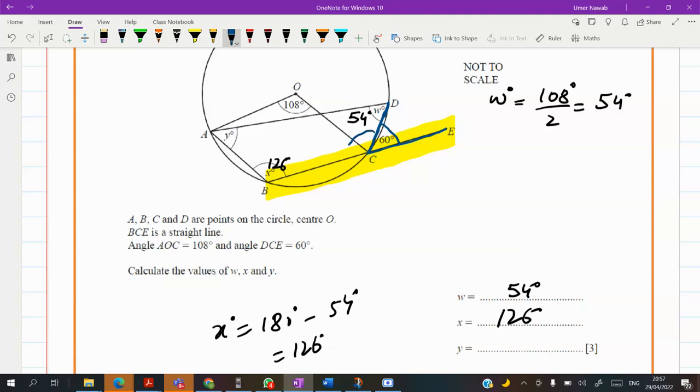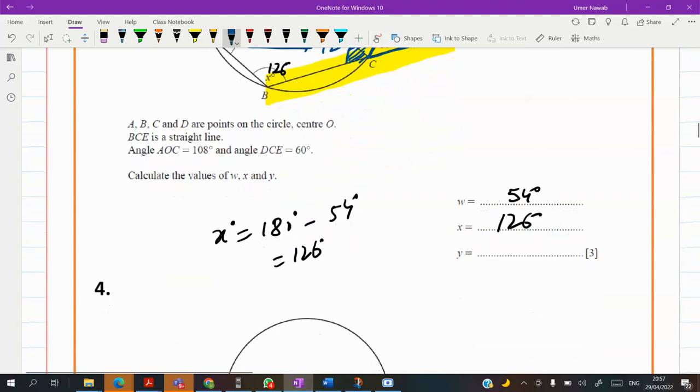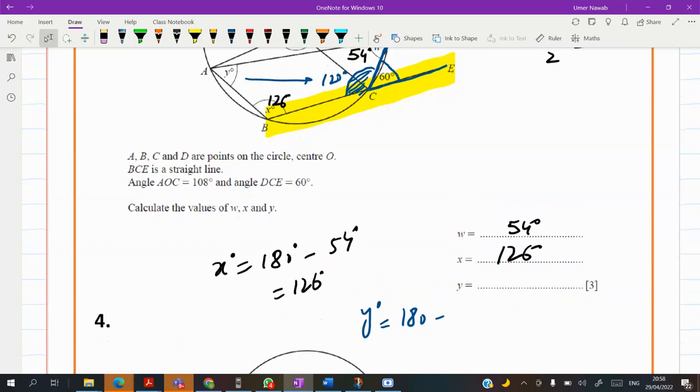Can I take the opposite of this? The straight angle, or the supplement of 60 degrees, will be 120, because the total is 180. So I found the angle BCD, which is 120 degrees. Again, use the cyclic quadrilateral property. y will be equal to 180 minus 120, which is 60 degrees.